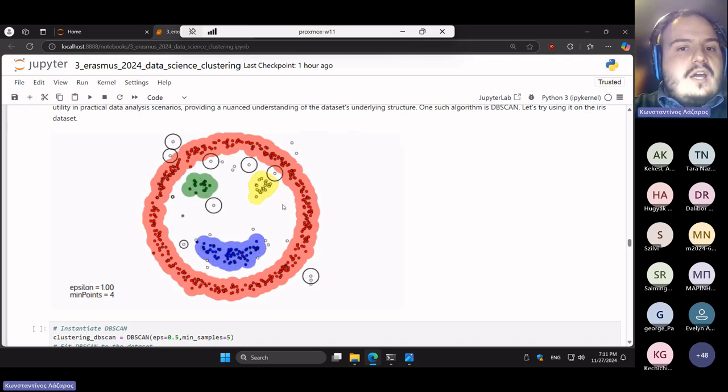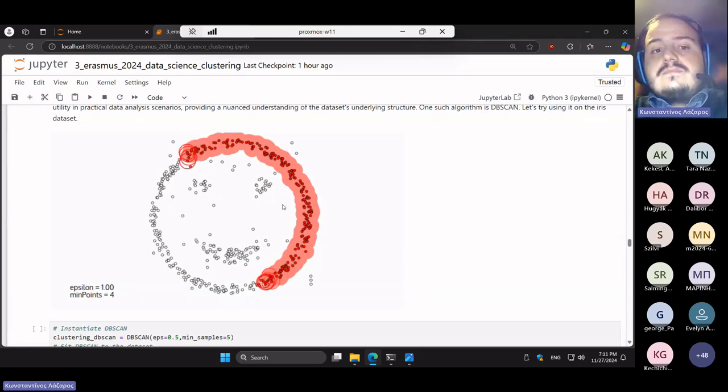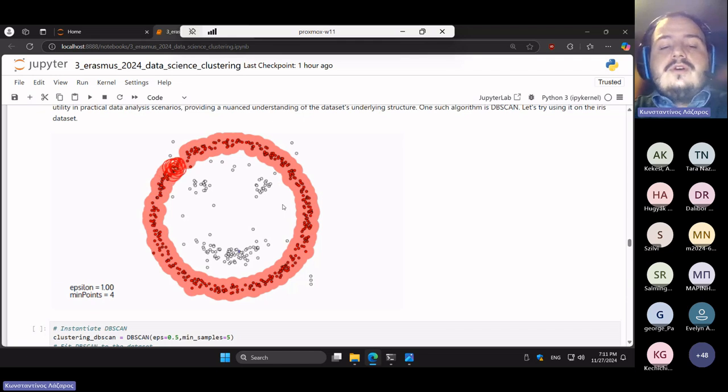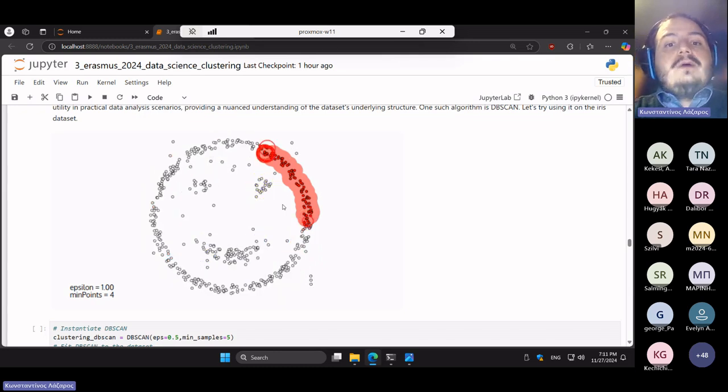The way this algorithm works at a very high level is that it takes into account the spatial coordinates of our data. It tries to find out in our feature space which samples are very close to each other, so it highlights areas that are densely populated with sample points.